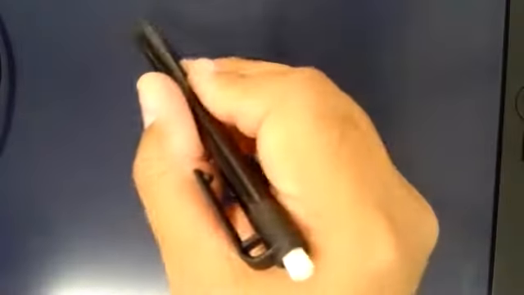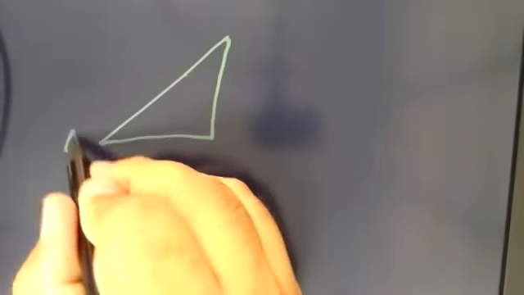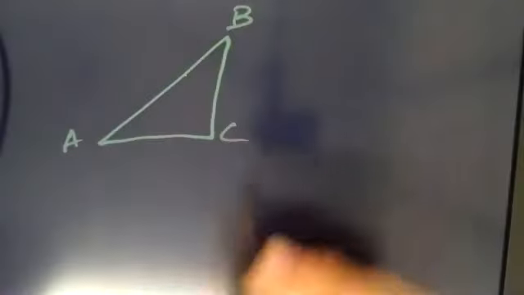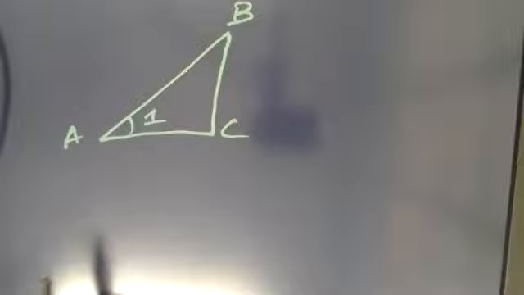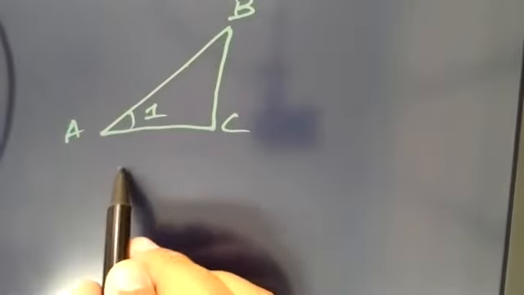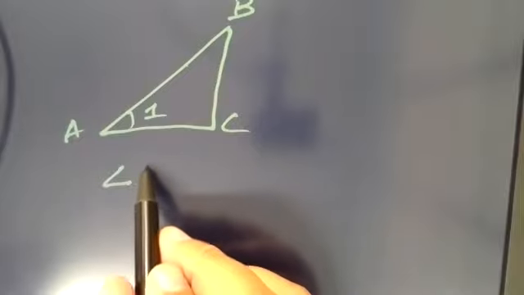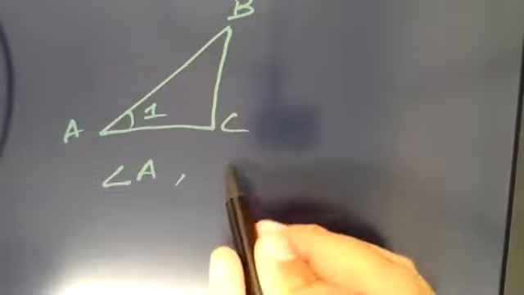Ready? Remember back in the beginning of the class, you learned, let's say this right here. Let's take a look at this triangle, all right? Let's call this triangle ABC. And I told you, let's say this is 1. Well, if we want to describe angle A, I could say this is angle what? A. I could also write it as what?